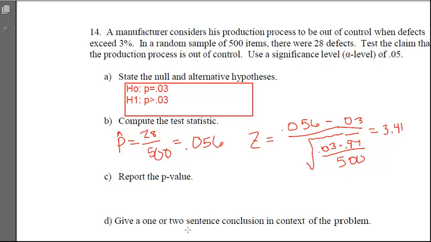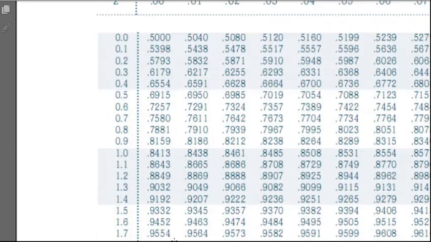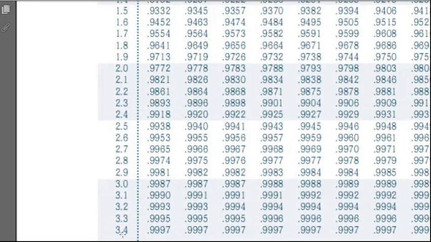And I want to report the p-value. So I go to my normal table. And here's 3.4. 3.41 is right here. So my area to the left is 0.9997.